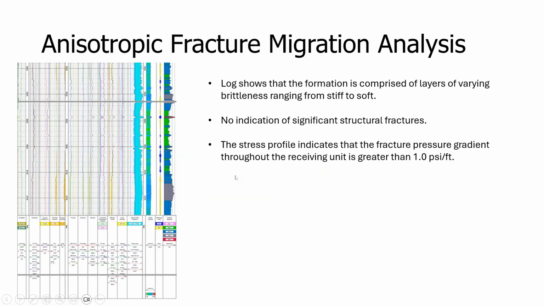This is a Schlumberger STAR log tool. It provides anisotropic fracture analysis, in this instance run on the same well. You can use it to show that the formation is comprised of layers of varying brittleness, and that you can get indications of structural fractures or no indication of them.